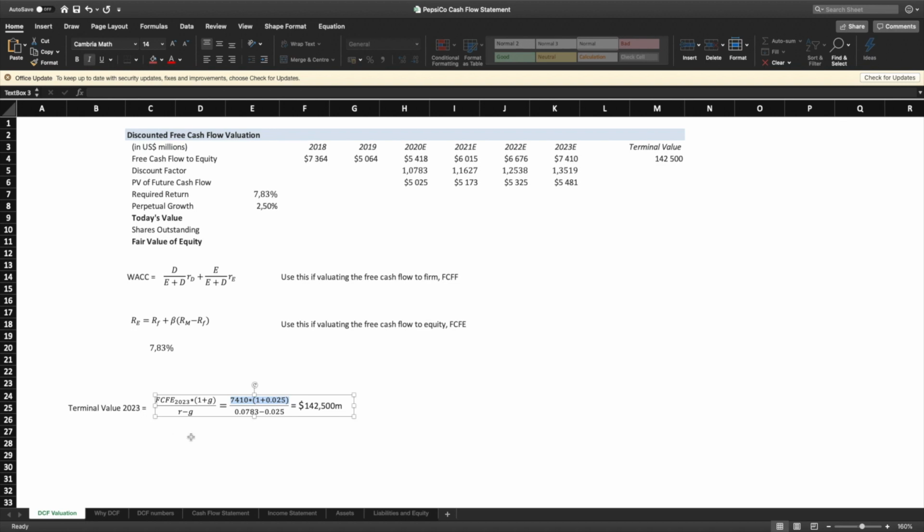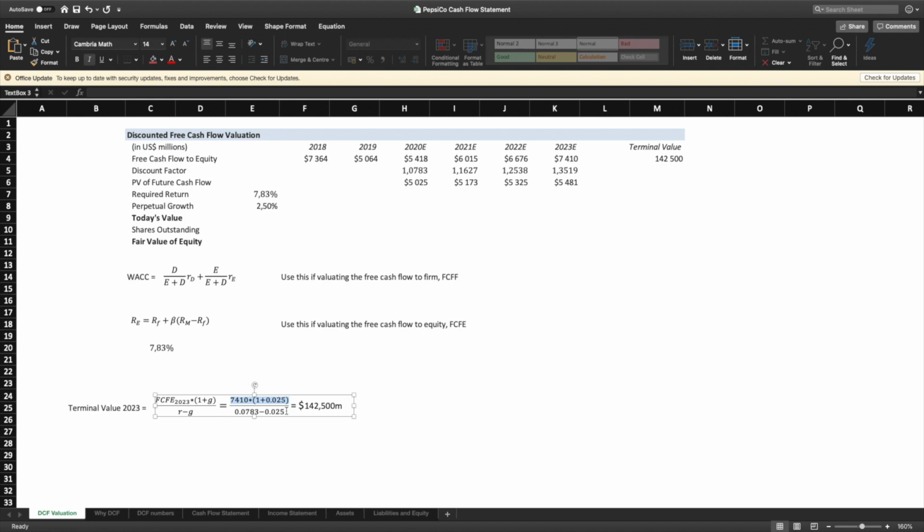The reason you subtract 2.5% in the denominator is because, as I said before, the free cash flows to equity grow by this percentage annually, and thus subtracting it in the denominator will give us the right perpetuity value.